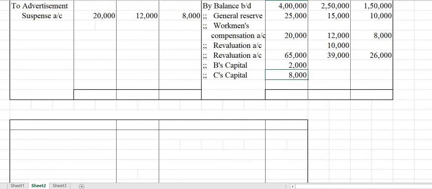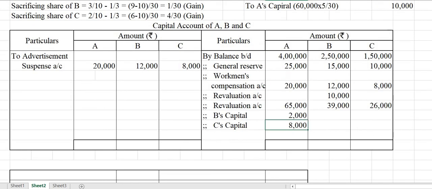So these are the amounts A should get from B and C, and that amount we have to write here. That means B and C have to pay A 2,000 and 8,000 each. So all the journal entries in capital account are over.